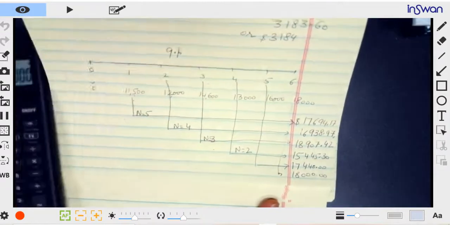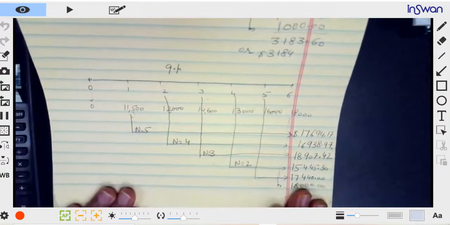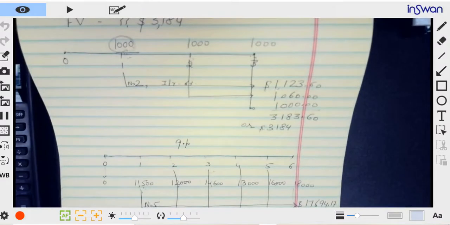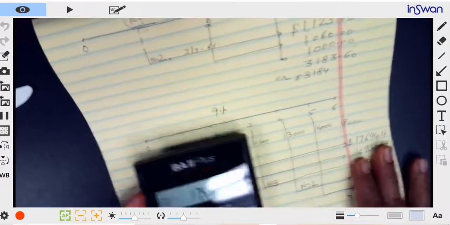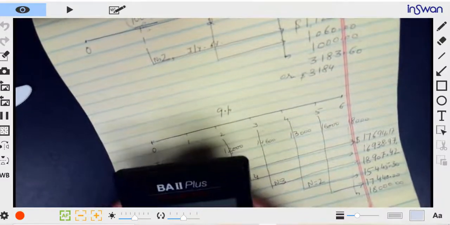Okay, that's how we calculated the future value of all of them, right? So then we can add all of them to get the future value of this stream of cash flows.